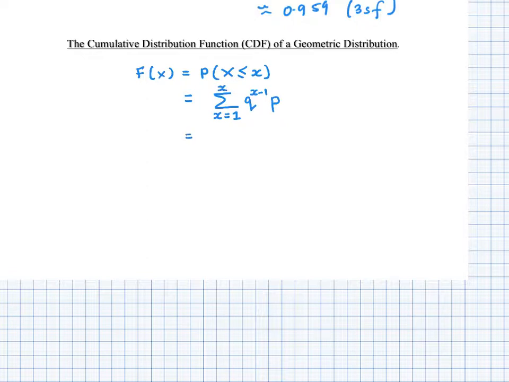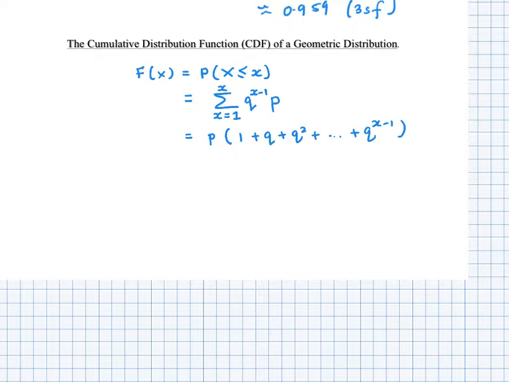And this is the same as the product of P and the series 1 plus Q, Q squared, and so on up to plus Q to the power of x minus 1.